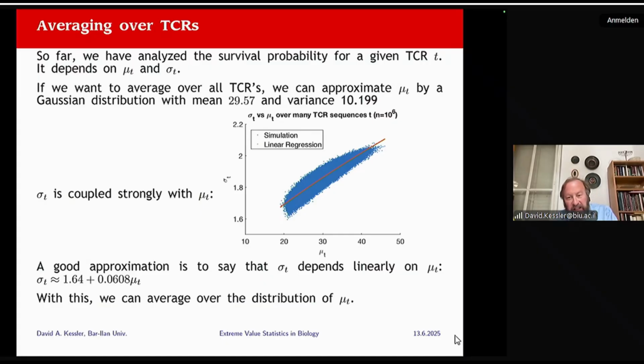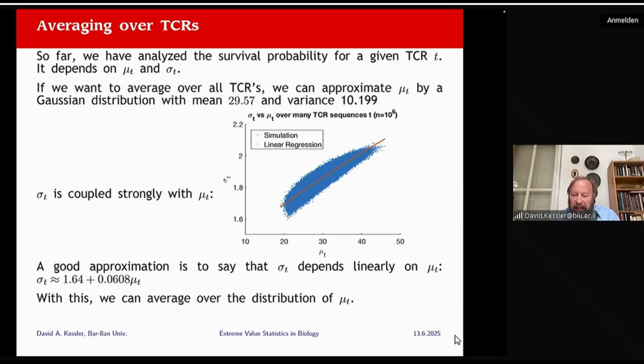Now there's a slight difficulty, because sigma t is also a Gaussian distributed quantity, that's true, but it's strongly coupled with mu t. Here we plotted a point spread of sigma t versus mu t, and basically, to zeroth approximation, the two are linearly related. So that's what we're going to assume: sigma t is given by a linear relation with mu t.